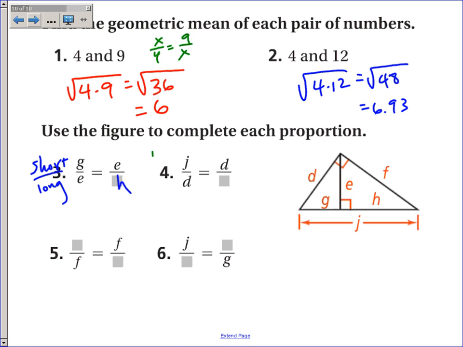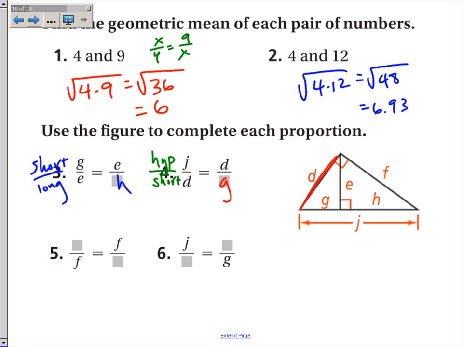J is the hypotenuse, and D is the shorter leg. Now on which triangle is D the hypotenuse? It's the hypotenuse on the shortest triangle. So the short side of the small triangle is G.